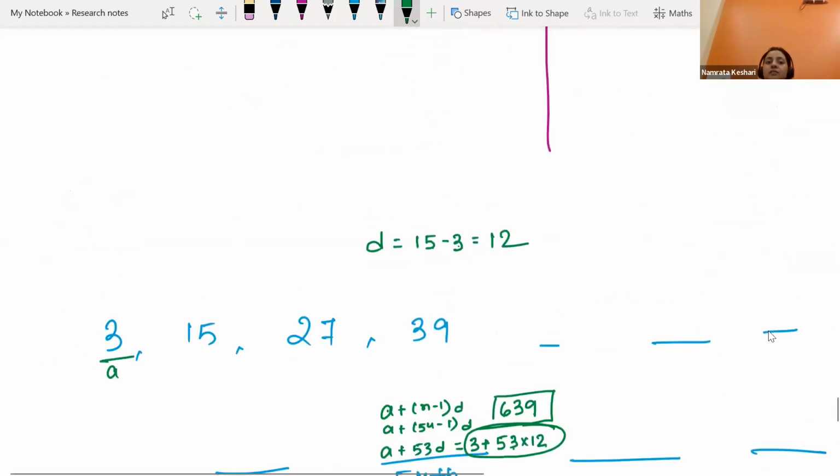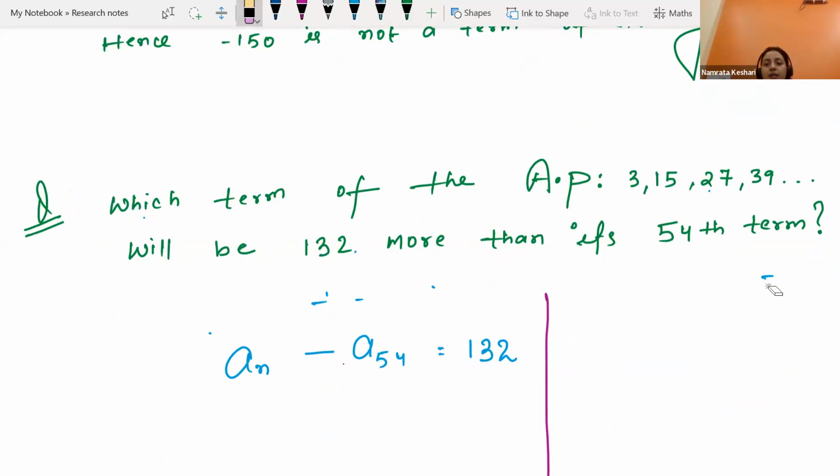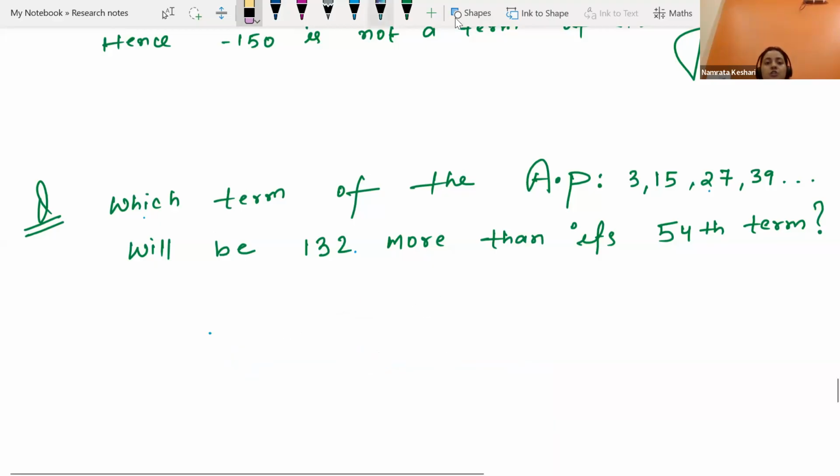Again, read the question. Let me rub this part, this was creating confusion for you. Now read the question again and tell me, are you getting it? Which term of the AP will be 132 more than the 54th term?